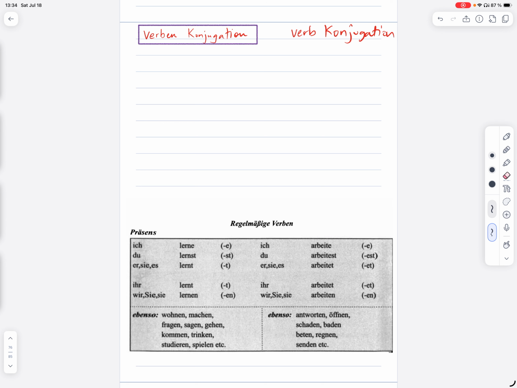So in English, for example, I want to say I play. So we can say I play, and then we can say we play. Then he plays, they play, and so on. One thing you will notice is that as the personal pronoun or the subject changes in the sentence, the verb changes.